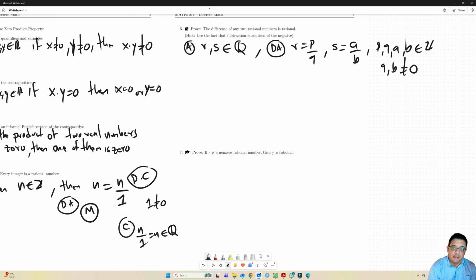So now the manipulation step will be r minus s, which will be p over q minus a over b.